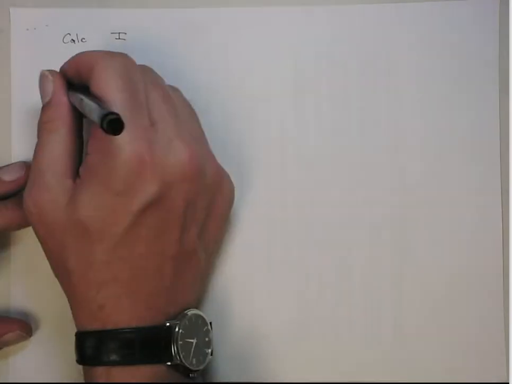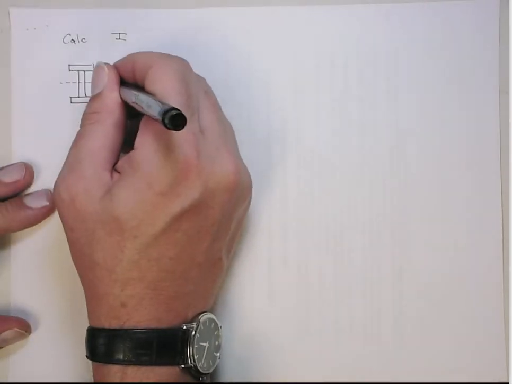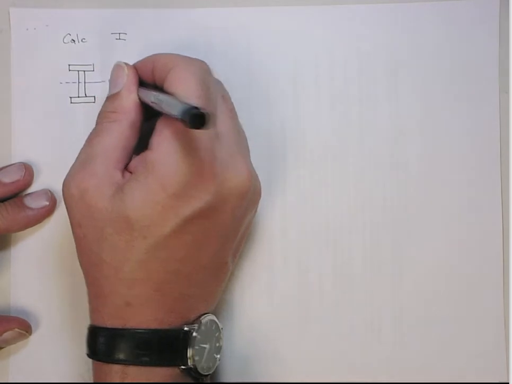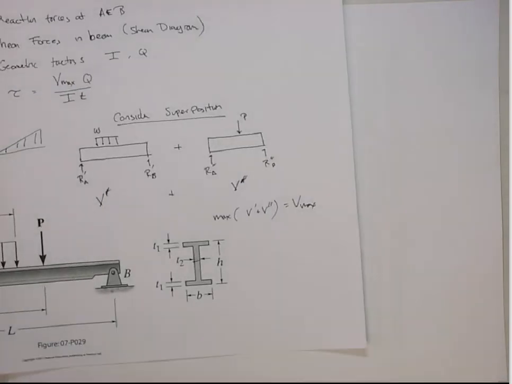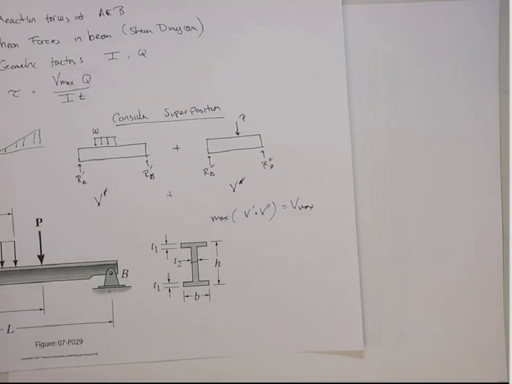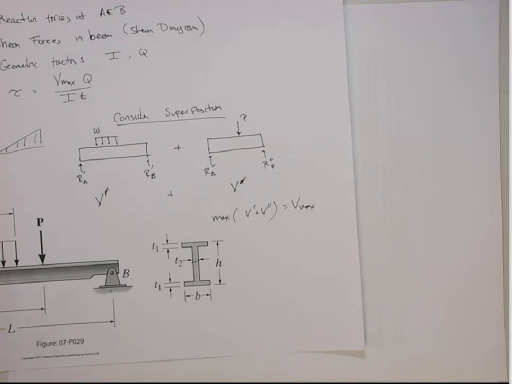So I don't really need to explicitly find the neutral axis. I know the neutral axis is going to go right through the middle, okay? Because it is symmetric. All right, the flanges are all the same. Yeah, it's all the same geometry. Here it is, right? So the flanges are the same.